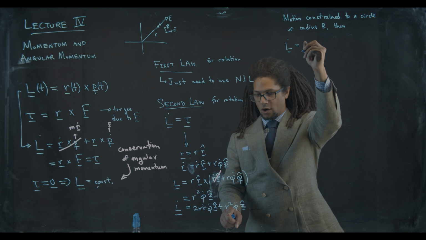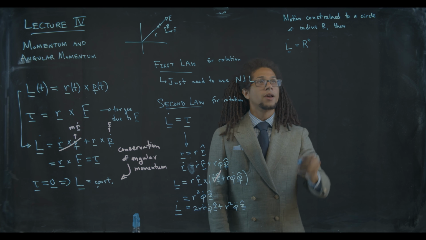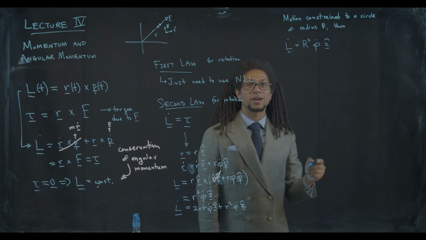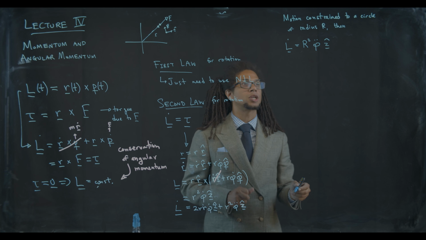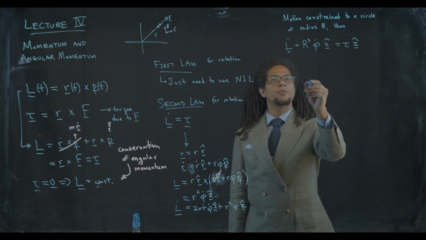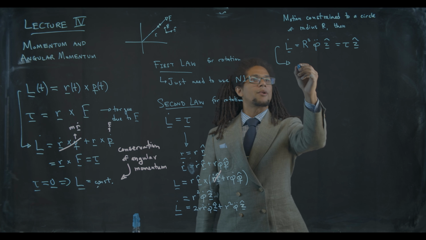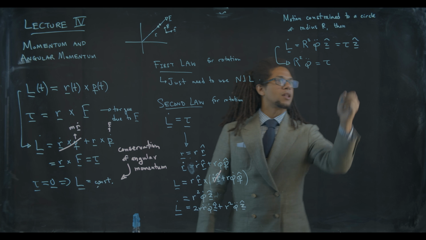So I'll just get little r squared, but that's equal to capital R squared on this circle, times phi double dot z hat. I've already said that tau is only going to have an effect if it points in the z direction. So this would be tau times z hat. And now I can use these two to form a differential equation that I could actually solve. I would have R squared phi double dot is equal to tau. And then I can solve this if I know tau.